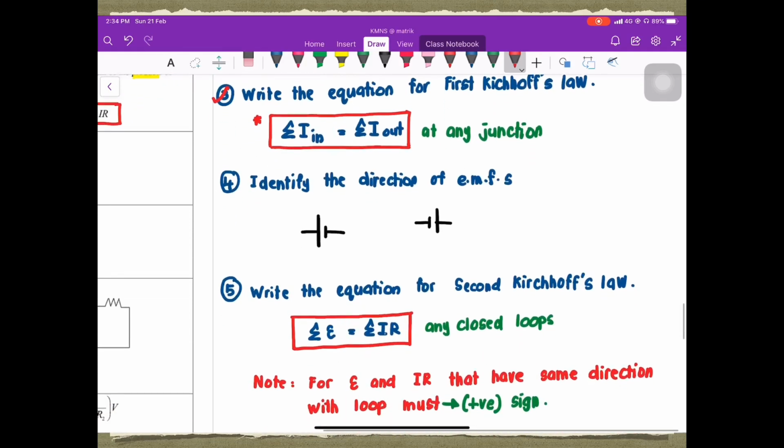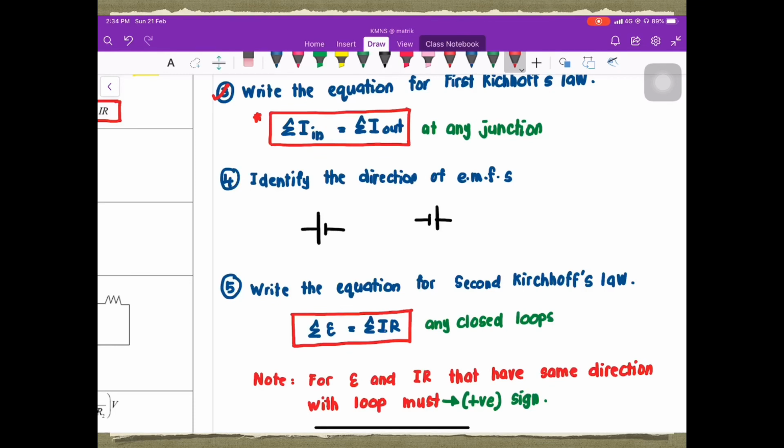Next, identify the direction of EMF. Look at the two diagrams here. This one refers to the positive terminal and this one is negative. This is negative, this is positive. Now, how do we show the direction of EMF?